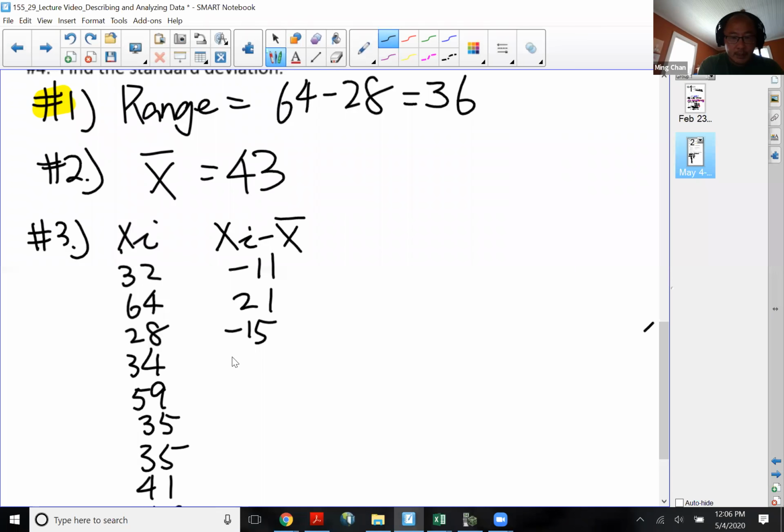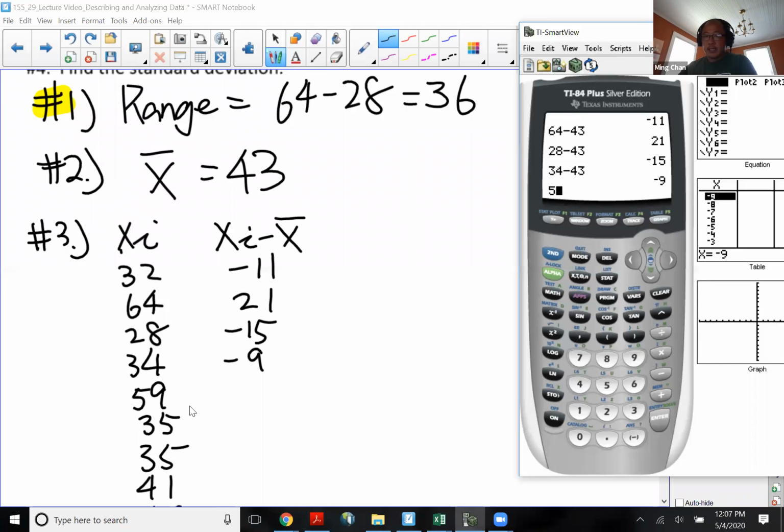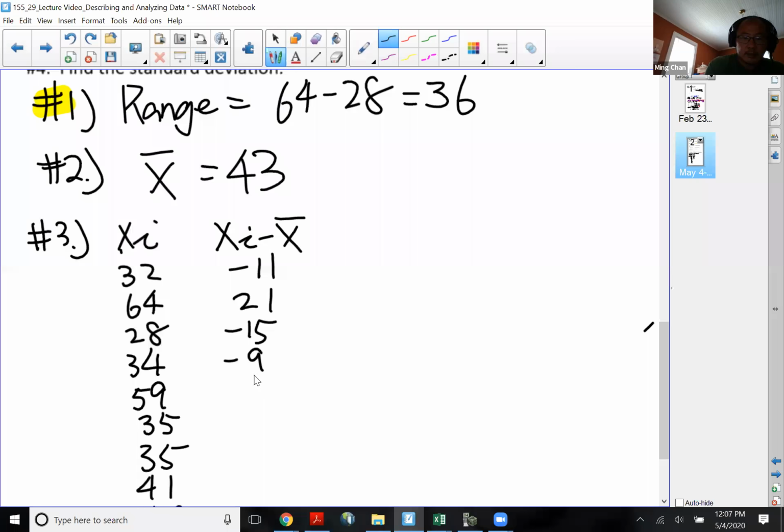All these negative numbers mean they are located to the left side of my mean, my average, on the number line. 59 minus 43, 16.